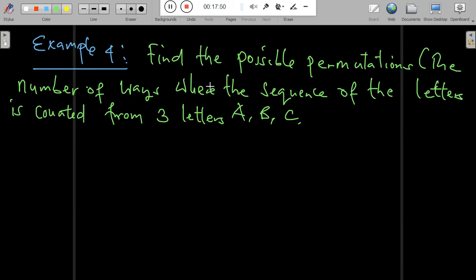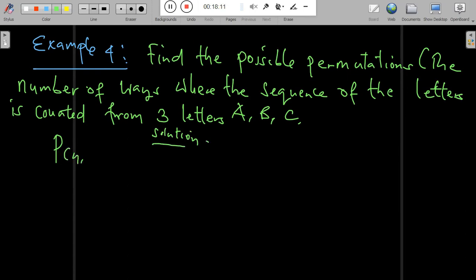Find the possible permutations, the number of ways in which the sequence of letters is counted, from 3 letters A, B, and C. Now, solution.